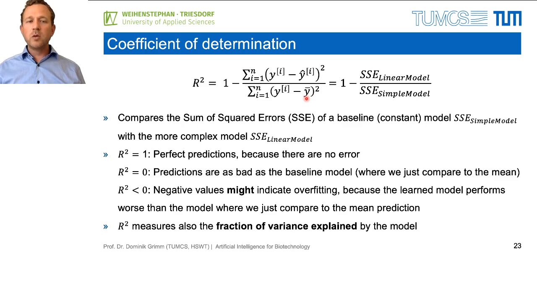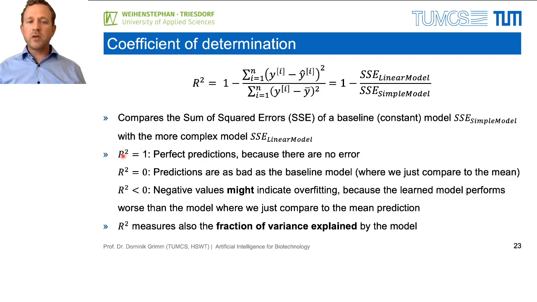So what do we do here? We compare the sum of squared errors of a model that performs like the average, a baseline, to the sum of squared errors of our predictions from the more complex model.